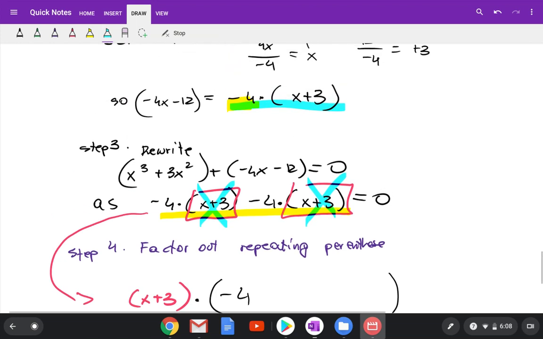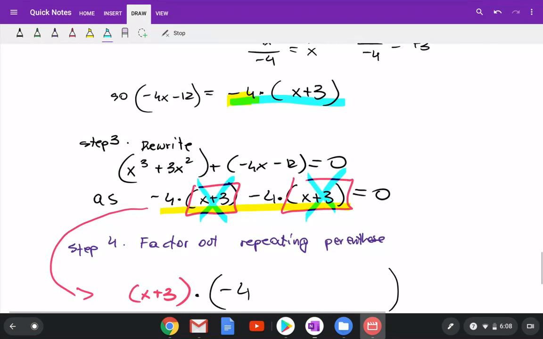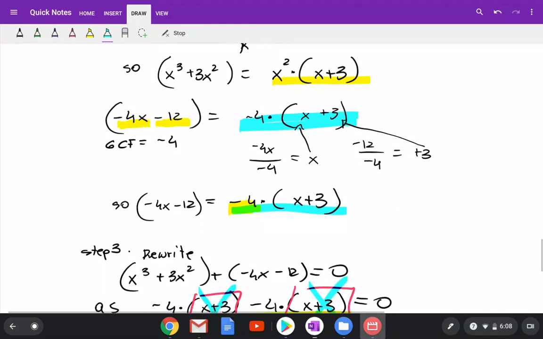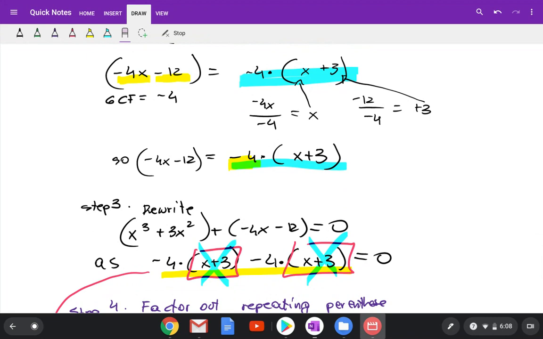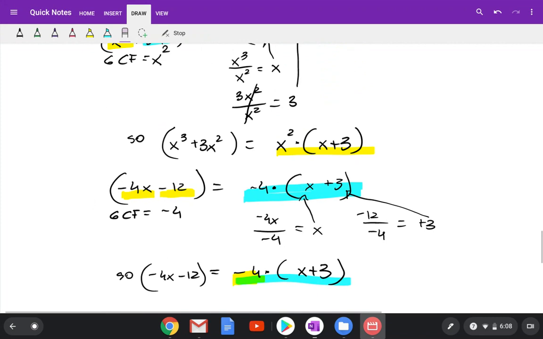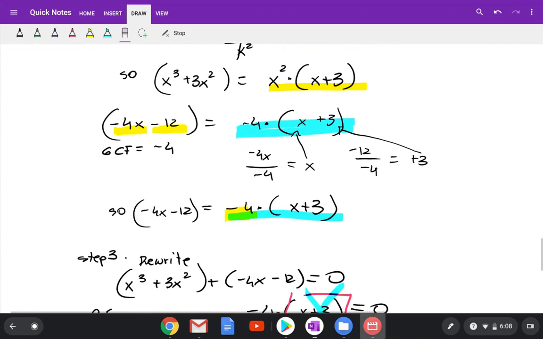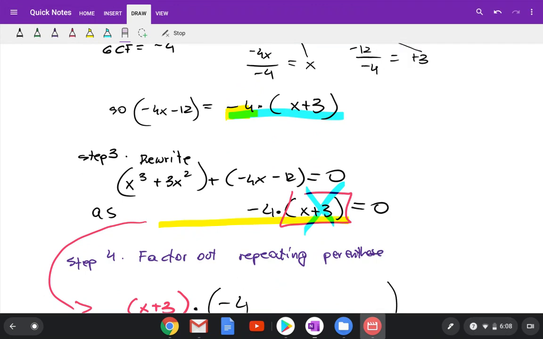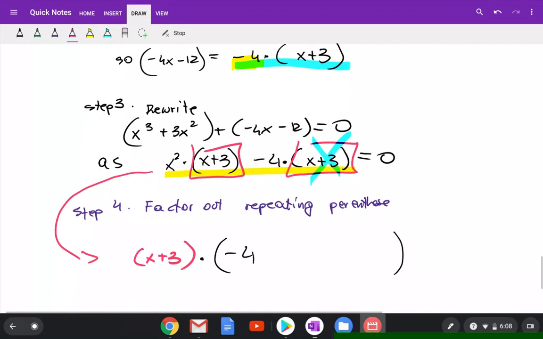Oops, I'm sorry, I messed up. I put that twice. Go back here. When we factor by grouping, that x cubed plus 3x squared, that will give you x squared times x plus 3. Still, the repeating group is x plus 3.